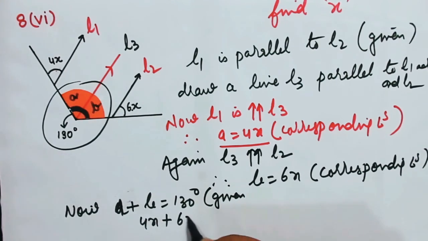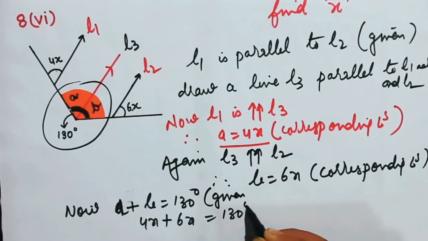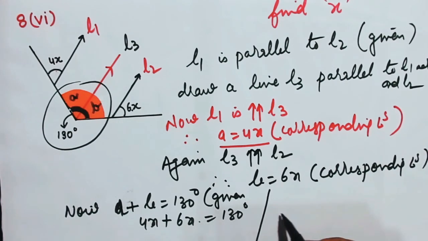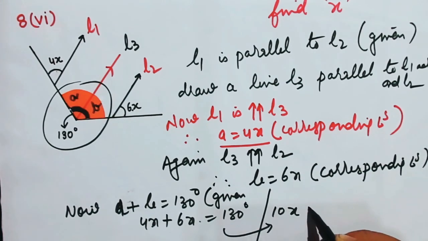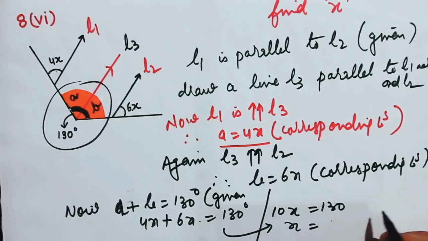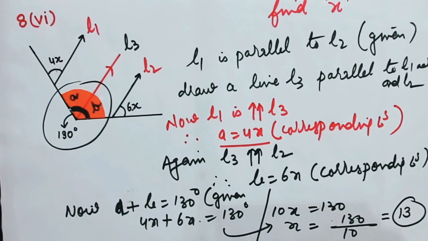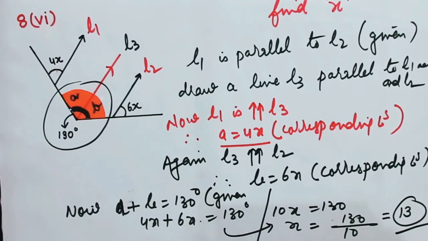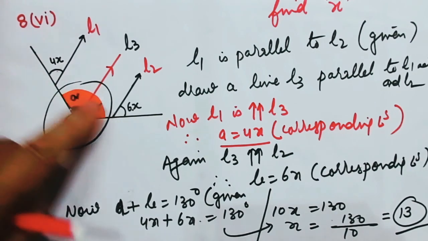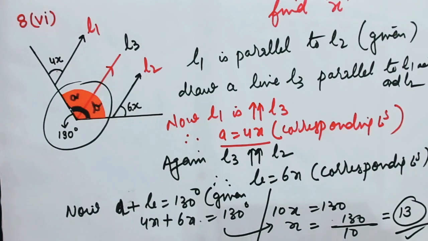B is equal to 6x. So 4x plus 6x is equal to 130 degree. 4x plus 6x is equal to 10x, isn't it? 10x is equal to 130, or the value of x will be equal to 130 divided by 10, which is 13. Do you think we should write in degree? No, I will not write in degree because it is in multiple with 4 and 6. So the value of x is equal to 13.